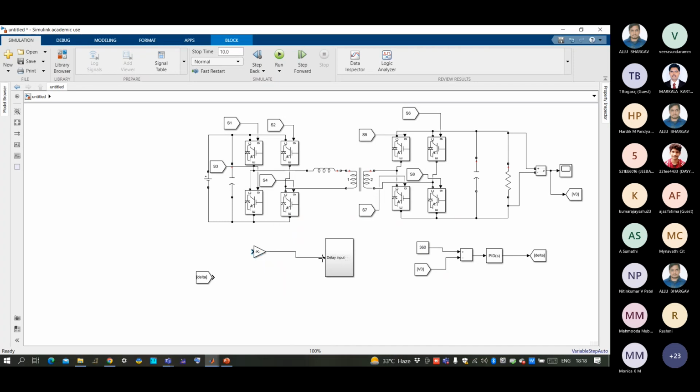And that will be generated and will be given to.